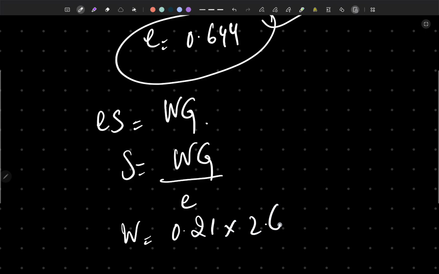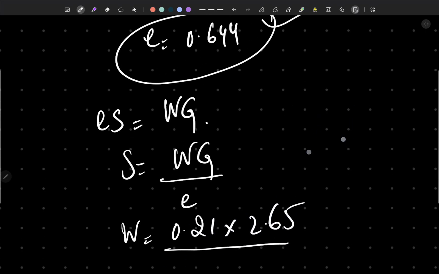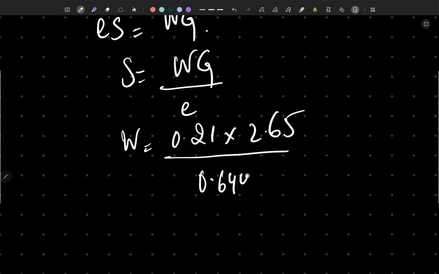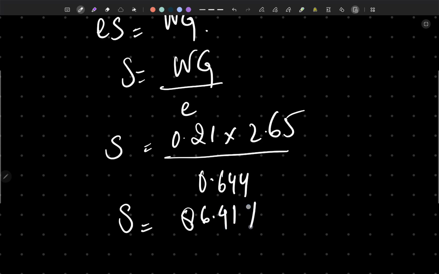G is 2.65 and e we just found its value 0.644 upon calculations. Alright, upon calculations, degree of saturation is 86.41%. So part A of the question is complete.